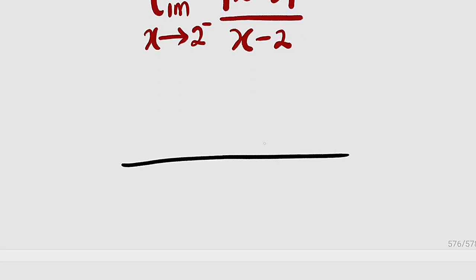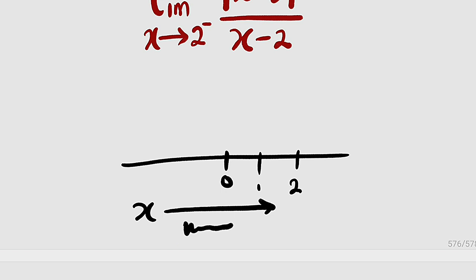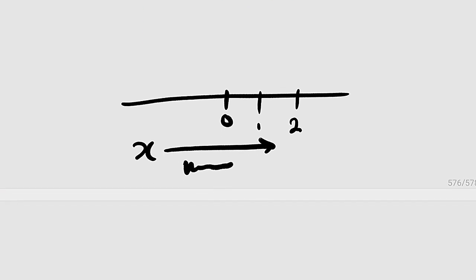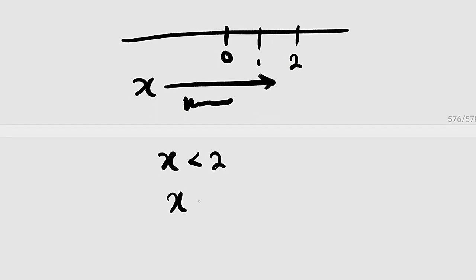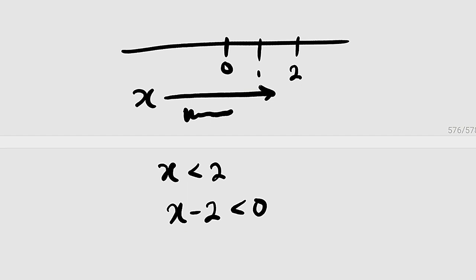If we have a number line here and we have maybe 0, 1, 2, we are approaching this 2 from the left hand side, which implies that all values of x are less than 2. So x is less than 2, and if you subtract 2 from both sides, you have x minus 2 less than 0, which implies that x minus 2 is negative.